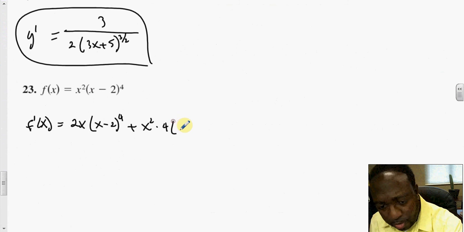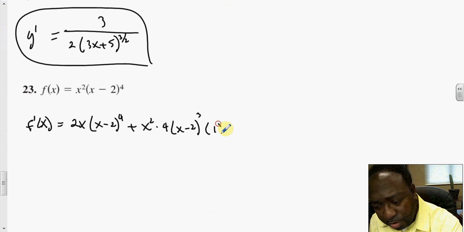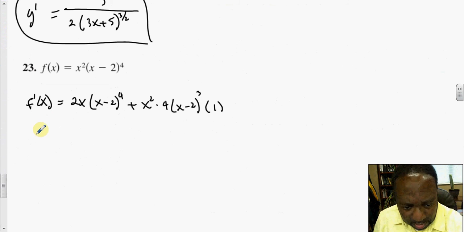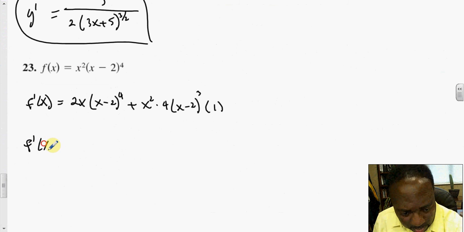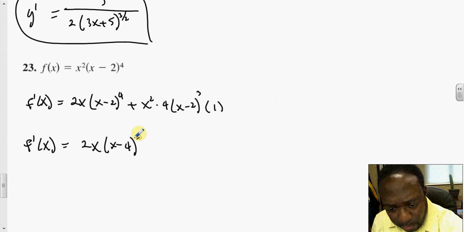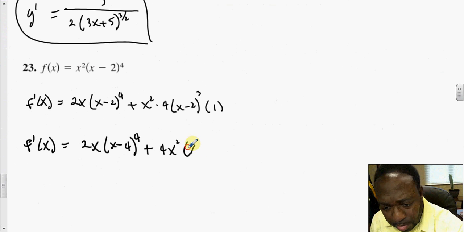So this is 4 times x minus 2 to the 4 minus 1, which is 3, times the derivative of x minus 2, which is just 1. And we simplify this. So f prime of x is equal to 2x times x minus 2 to the fourth power plus 4x squared times x minus 2 to the third.